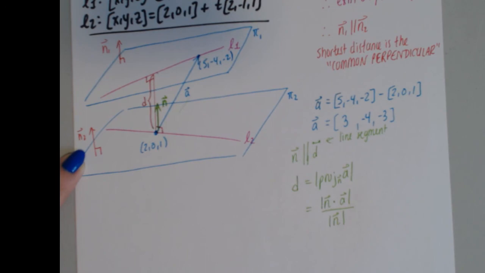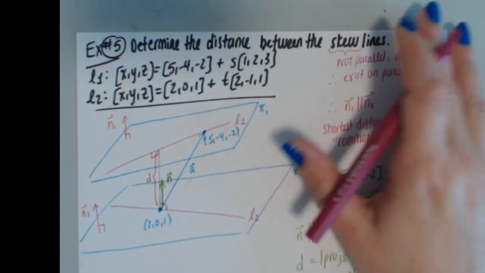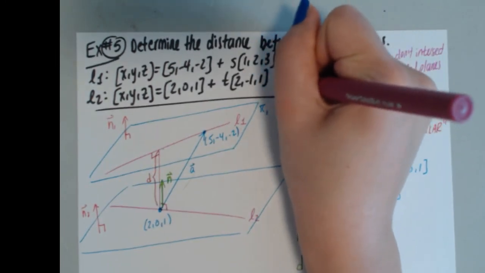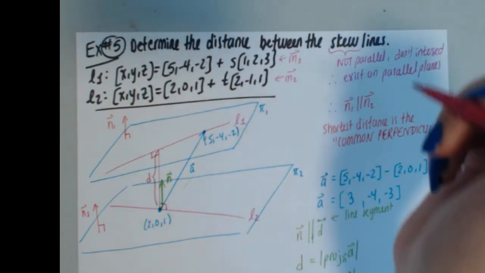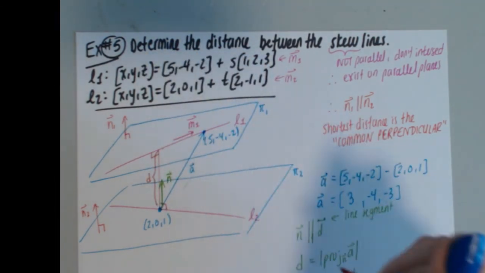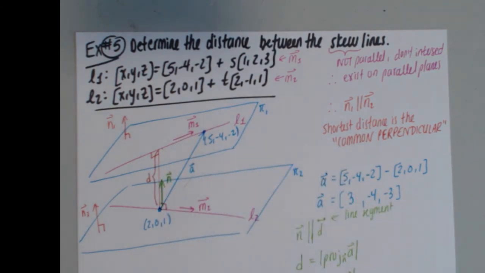What I do know is I have these direction vectors. I have M1 and I have M2. So M1 is a direction vector along L1 and M2 is a direction vector along L2.